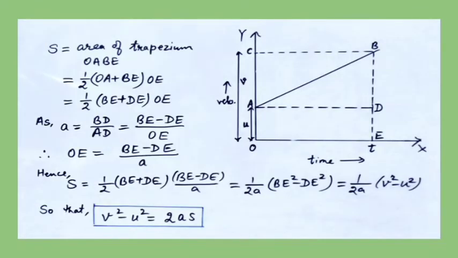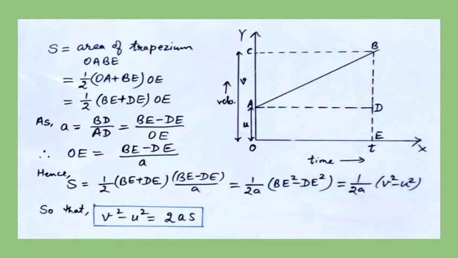Again, s is equal to the area of trapezium OABE, which is equal to half (OA plus BE) times OE, equal to half (BE plus DE) into OE, since OA is equal to DE. We know that acceleration a is equal to BD by AD, which is equal to (BE minus DE) by OE. So, OE is equal to (BE minus DE) by a.